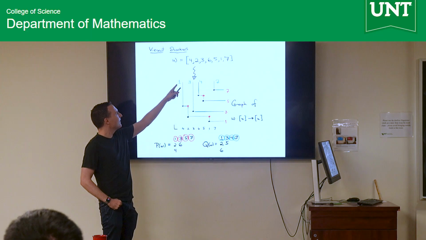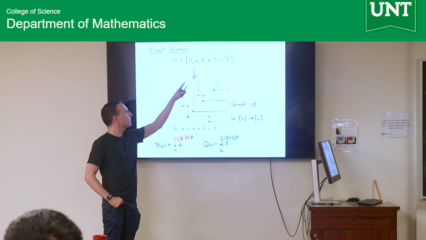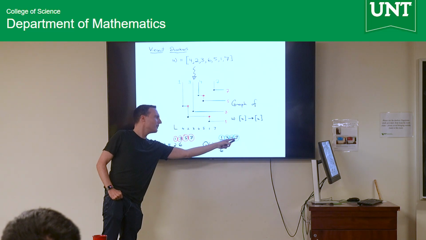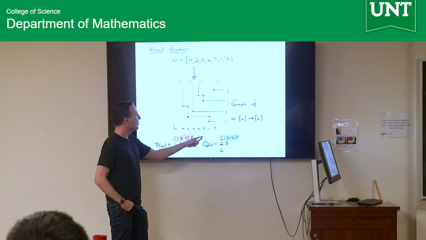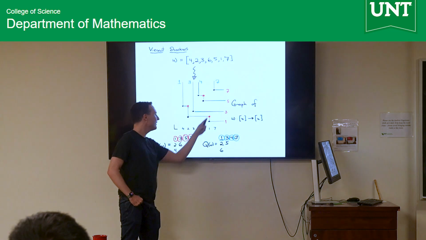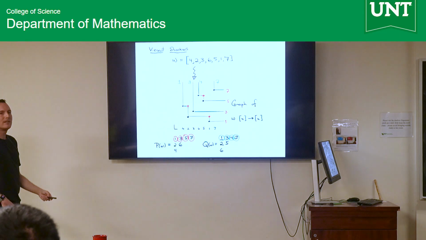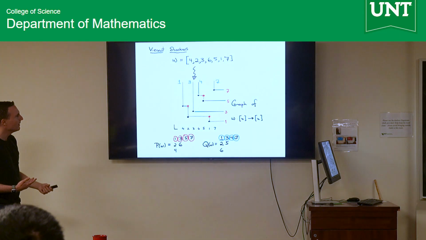And you see these coordinates for vertical rays, 1, 3, 4, 7, are the numbers that appear inside the first row of Q, whereas the coordinates of the horizontal rays, 1, 3, 5, 7, are the numbers that appeared in the first row of P. Okay, so we got the first rows that way.